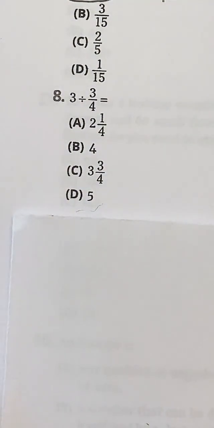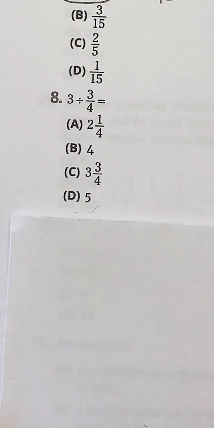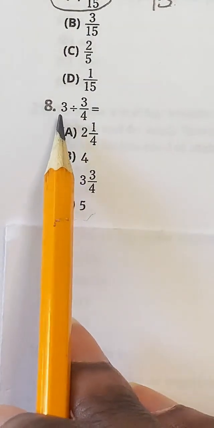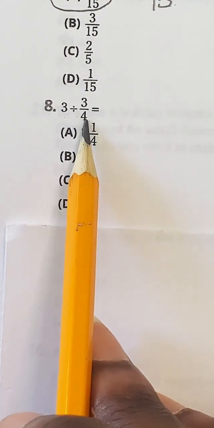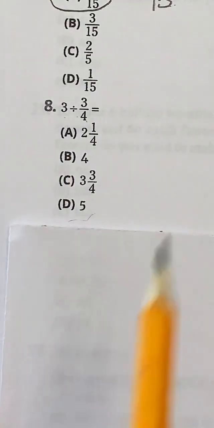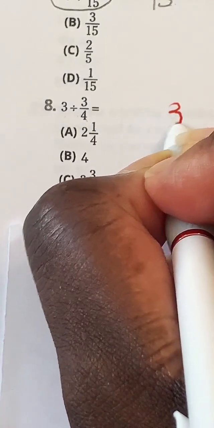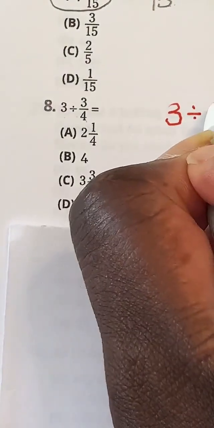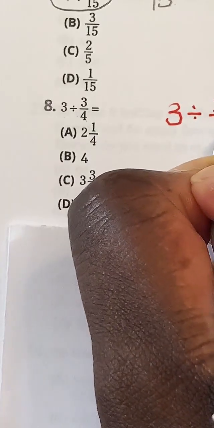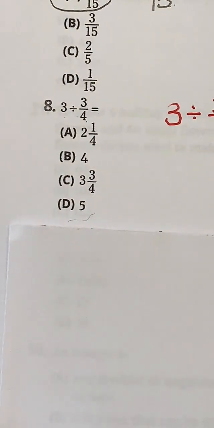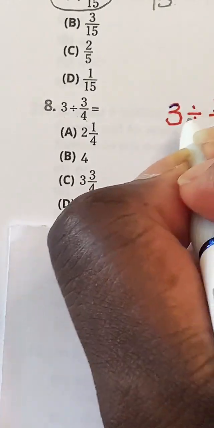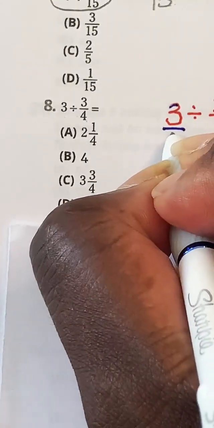No problem. Okay, so for 8, we have a whole number divided by a fraction. Anytime we see that, we're going to do what's called keep, change, flip. We're going to keep the whole number of 3, but we're going to make it into a fraction if we need to.